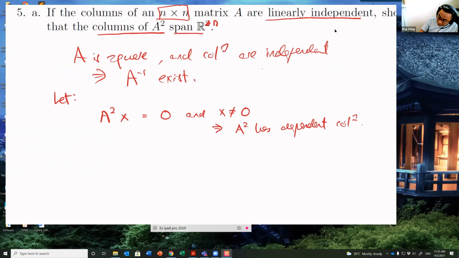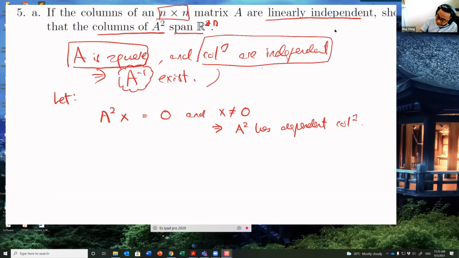Second, we know that A minus 1 exists by the invertible matrix theorem because we are given A, the columns are independent. This is true. Therefore, we can multiply A minus 1 on the left-hand side times A square X. We are basically multiplying this on the left-hand side and the right-hand side.